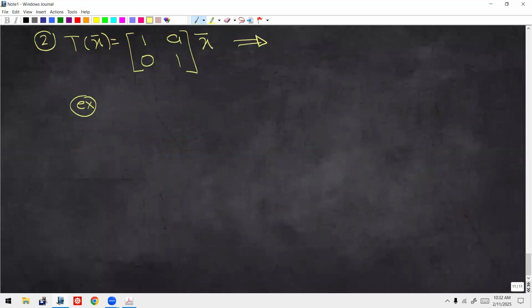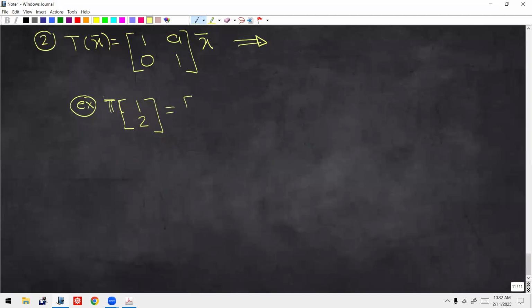So I'll just take some random vector X. This time I'm not going to write all the steps like I did last time. Let me just do T of X. My vector X that I'm going to use is 1, 2, okay? And I'll take A to be, let's say, 3, okay?